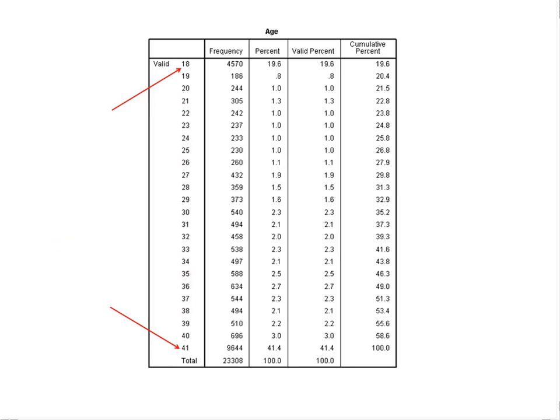And so in this case, we might ask the investigator, gee, did you intend to top code 41 or condense everything into this age category? And maybe they did, maybe they didn't.